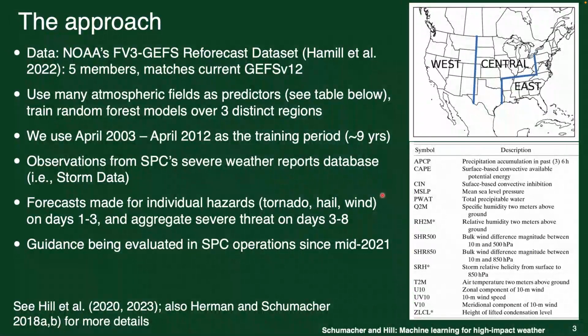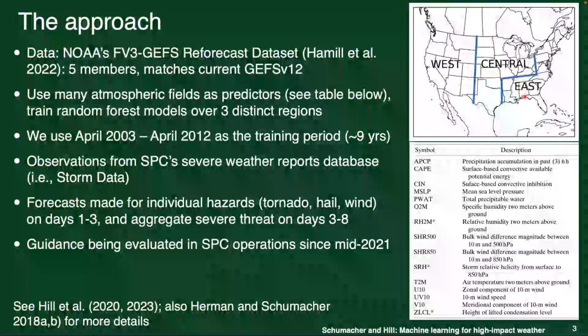And so what we're doing right now is we make forecasts analogous to SPC outlooks for the individual hazards, tornado, hail, and wind on days 1 through 3, and then the aggregate severe threat on days 3 through 8. And we also do excessive rainfall. Aaron will touch on that at the end. But these are the different regions.